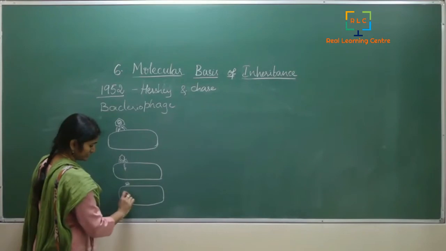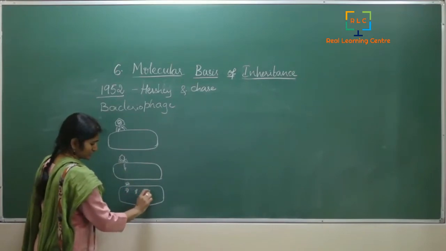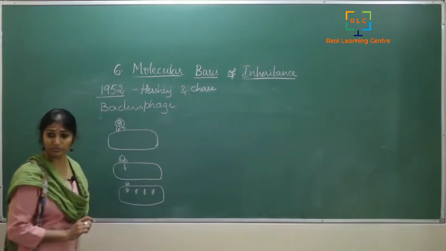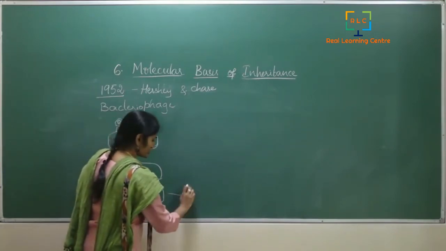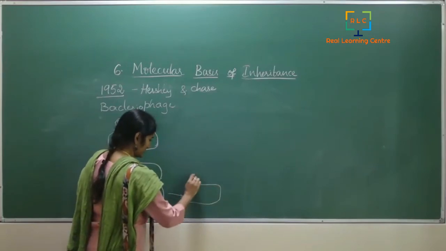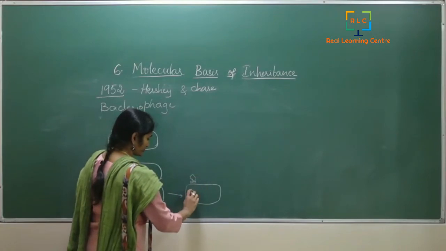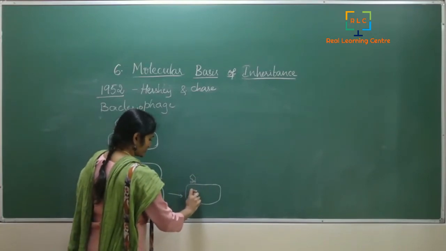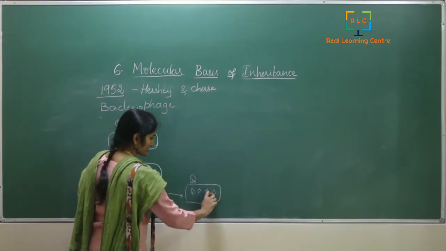Anyway, forget about that. So this DNA would start increasing in number, and later in the next phase you see that in the bacterial cell there would be small viruses formed, which is called the packaging phase.